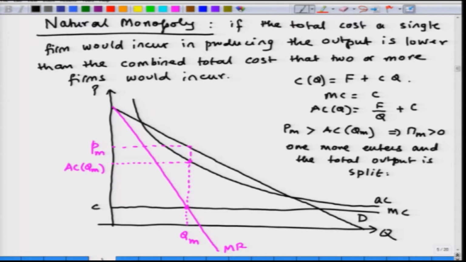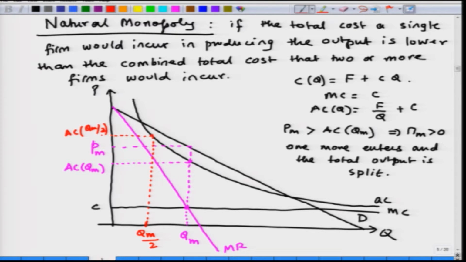For simplicity, let us say that the total output is split in half, need not be, the argument is valid for any sort of such split. This then essentially implies that each firm is producing QM divided by 2 units. Now, the average cost of producing each one of those QM by 2 units is AC of QM by 2.